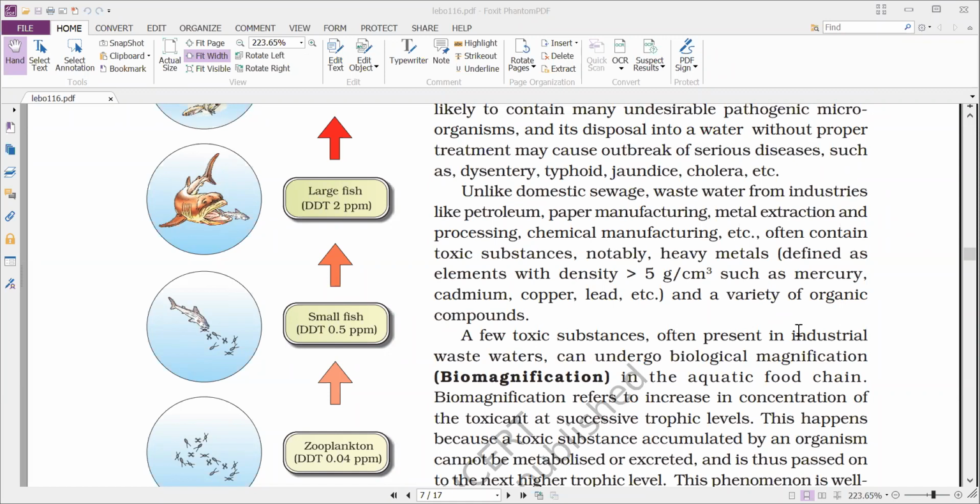And next, from the hyena, if we take a lion, in the lifespan of a lion, it has eaten around 5 hyenas. So from 0.1, it will be increased to 0.5.